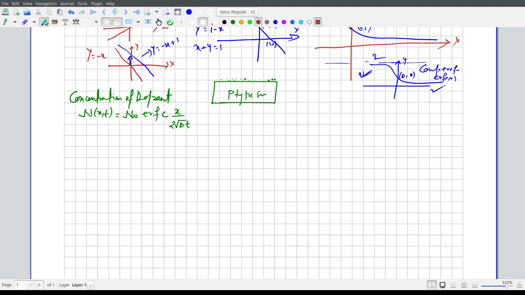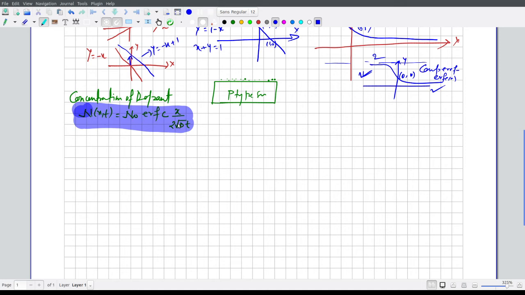It is experimentally observed that the concentration is N of x, t equals N naught erfc of x by 2 root Dt. That's why I have chosen this numerical.